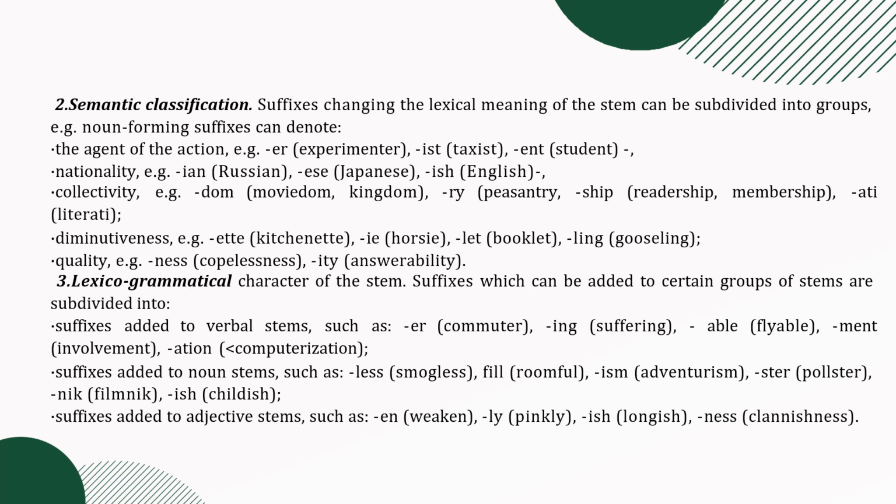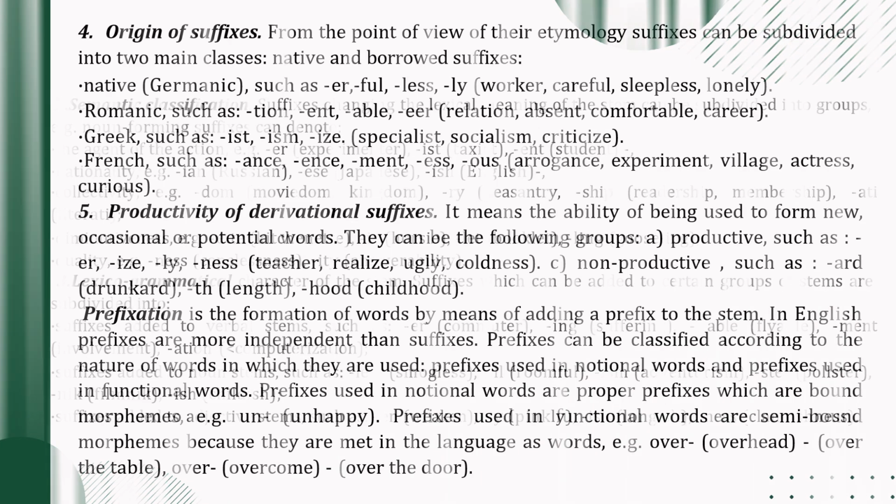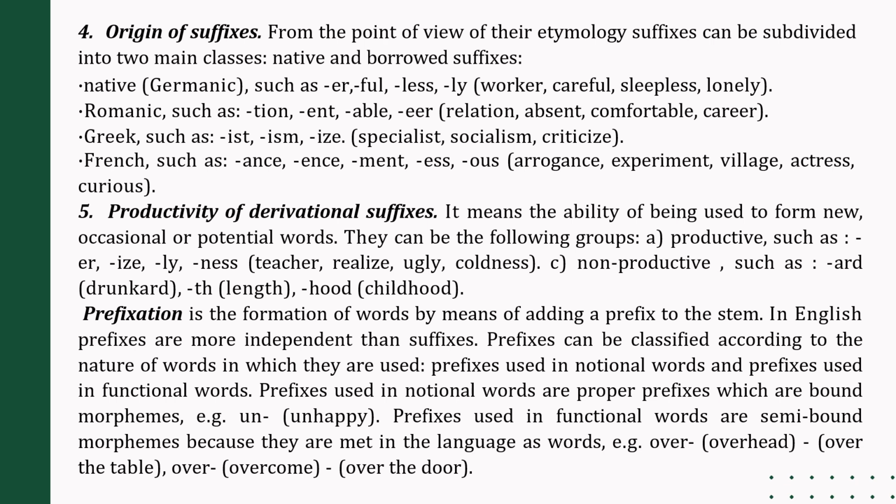The third type of suffixation is lexicogrammatical character of the stem. Suffixes which can be added to certain groups of stems are subdivided into suffixes added to verbal stems, suffixes added to noun stems, and suffixes added to adjective stems. Origin of suffixes.